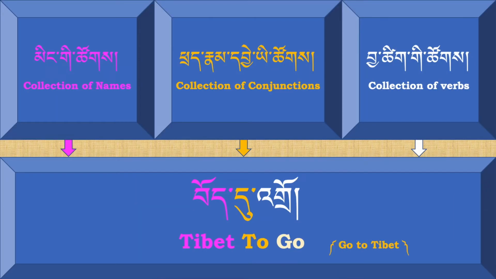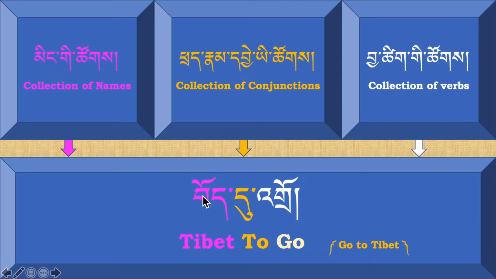So now, for example, when we write a sentence or when we talk, here is an example of how these three things have to be together. Pe is Tibet. It's the name of a country. So this is the collection of names, Mingi Tsok.